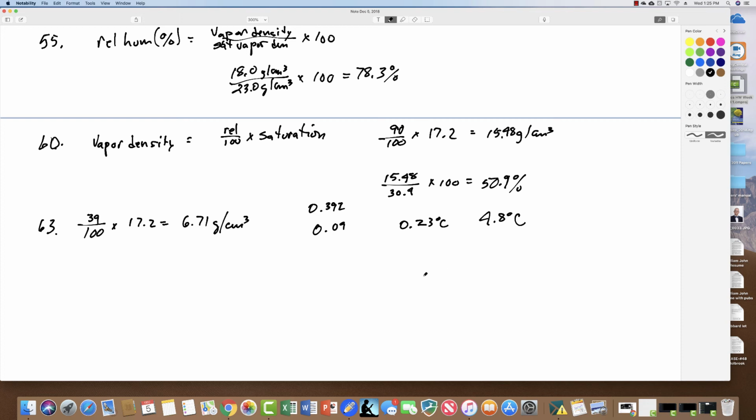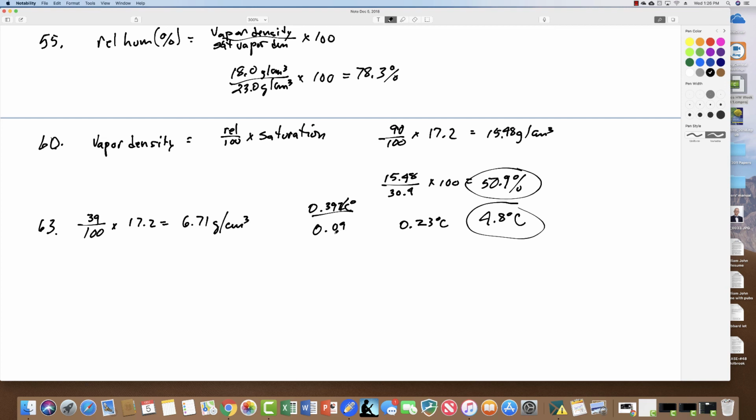Now, if you just looked at it and eyeballed it and said a little under 5 degrees, that would be fine. But if you wanted to calculate it, you subtract the value for 0 degrees from the value for 5 degrees, and then divide by 5, and that tells you how much the density changes per degree centigrade.